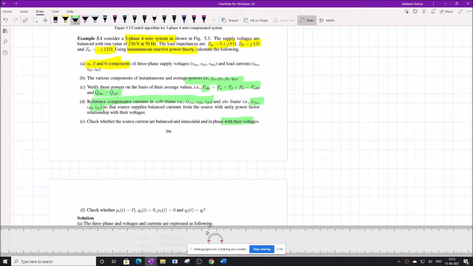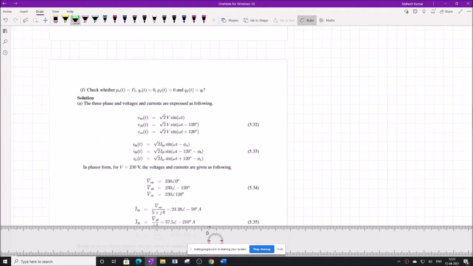So the computation becomes easy as compared to time domain computations. And the F part is to check whether PS is equal to PL, QS is equal to 0, PF is equal to 0, and QF is equal to QS. This is very important.